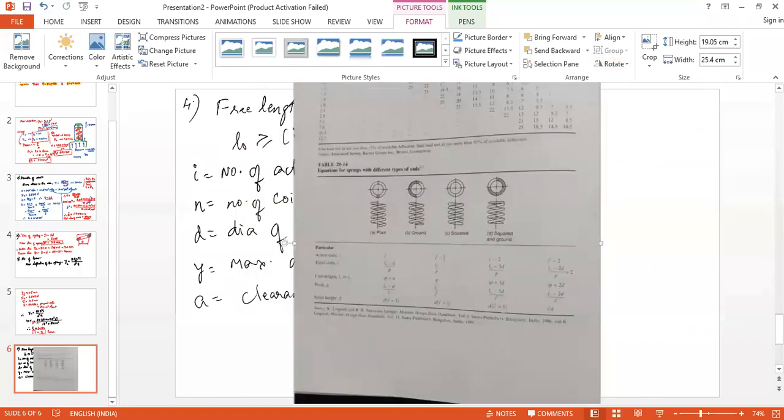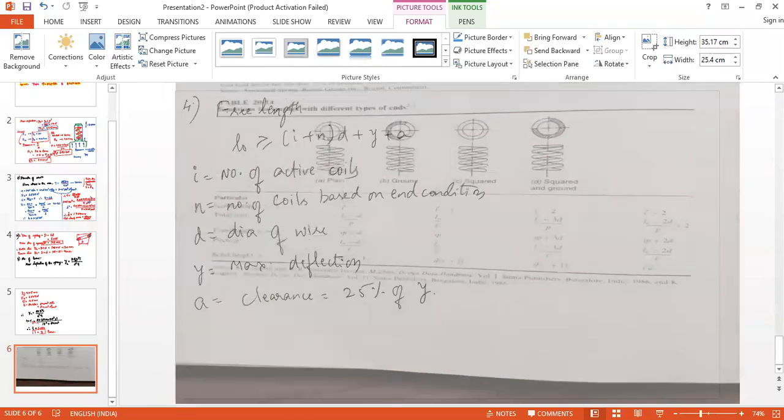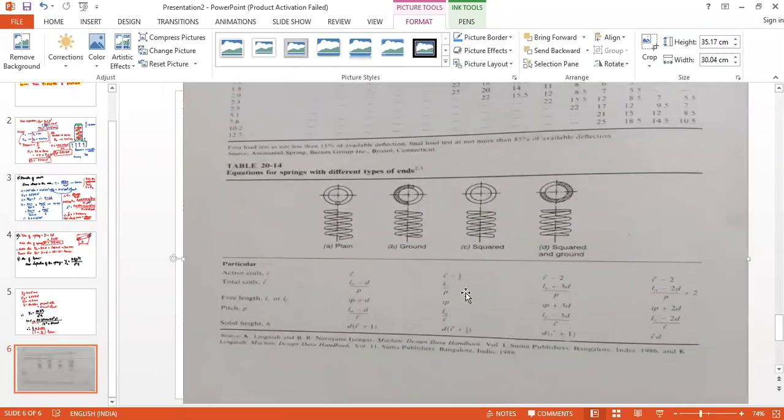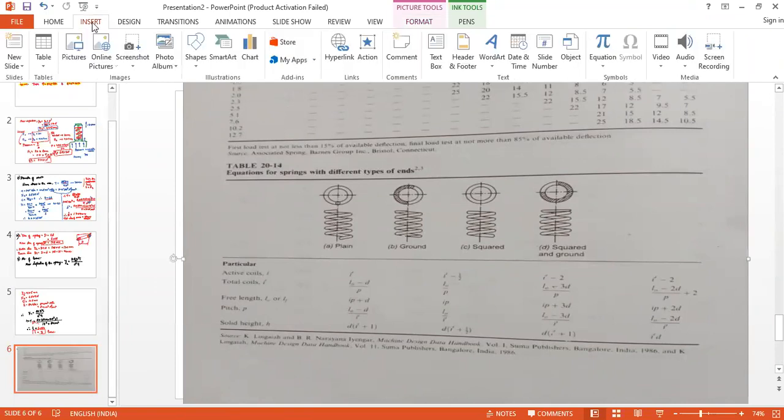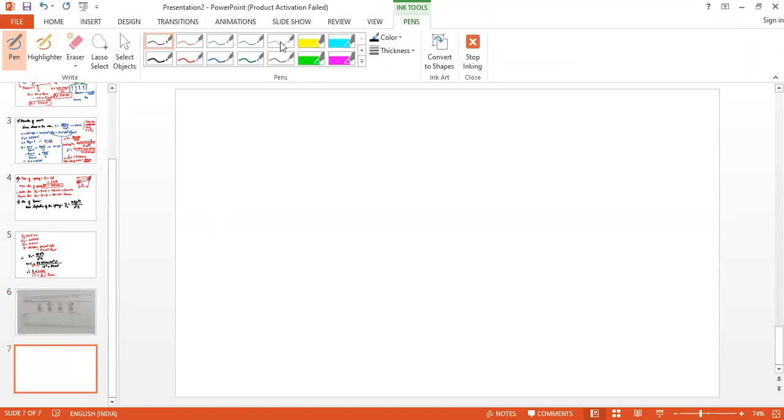See, in this figure, this is plain, round, square, and squared and ground. If you take any spring, say this is a spring, the last coil will be a flat one.